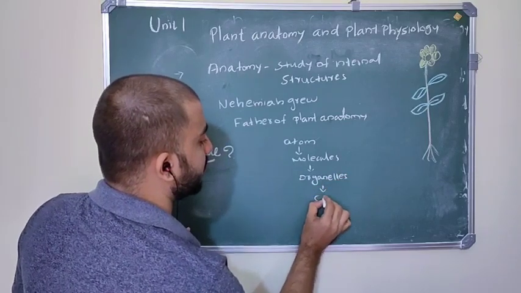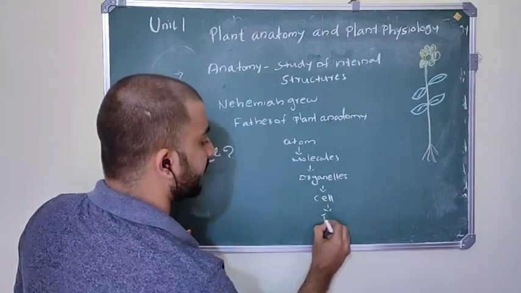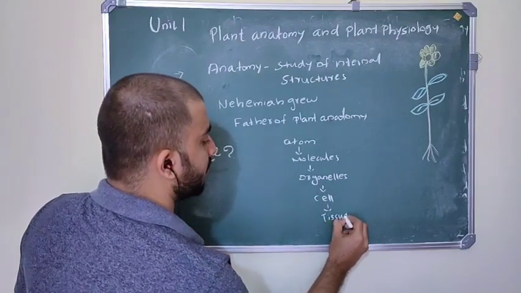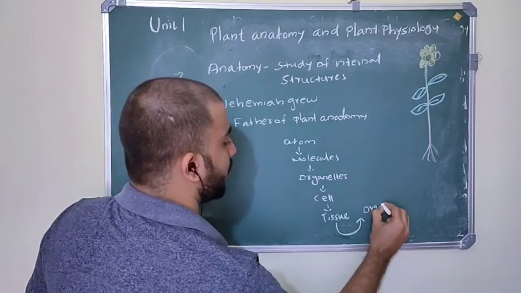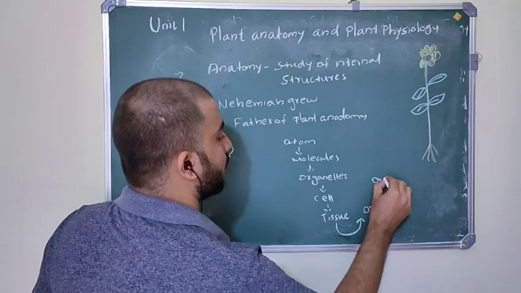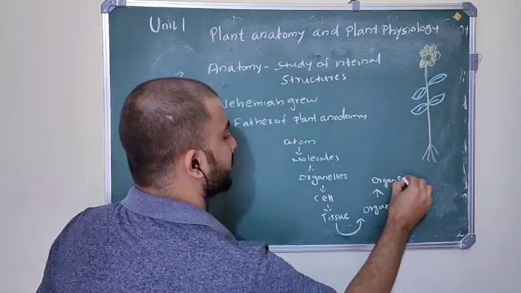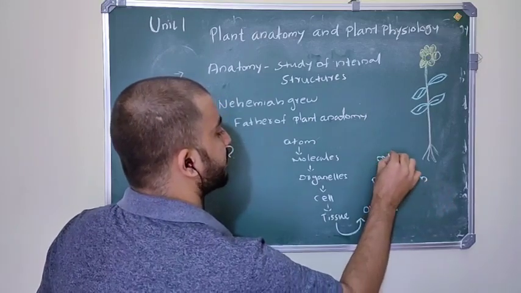Then organelles form a cell, and cells form tissue, and tissues form organs, organs form organ systems, then organism.